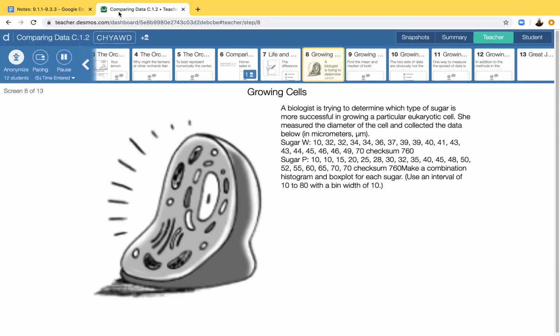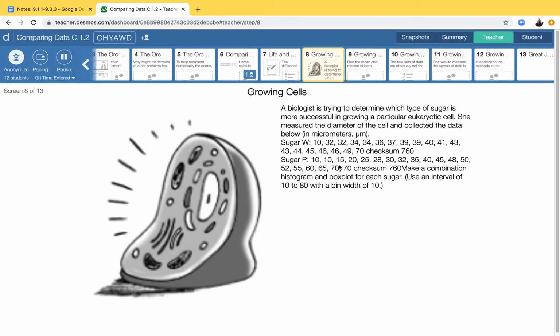So I'm going to go back to this problem where we worked on growing cells. There are these cells, and they are measured, and this data was collected. And they're trying, I think, to determine which type of sugar is more successful in growing that cell. So let's just say that these are both samples.